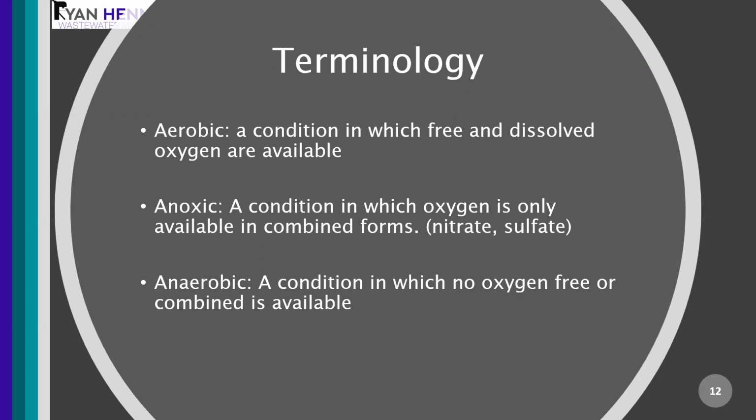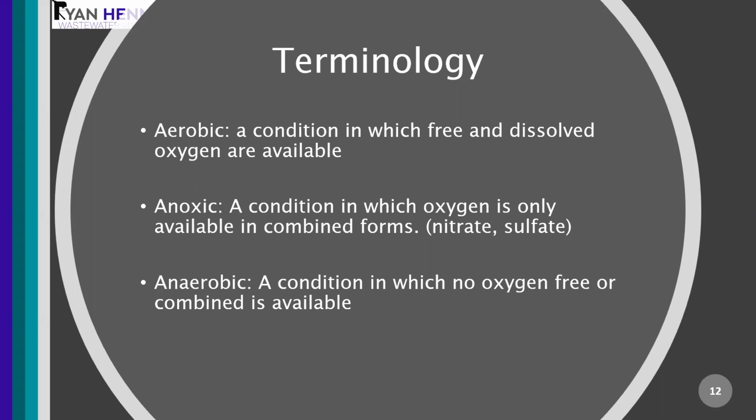Aerobic would be a condition in which free and dissolved oxygen are available. Anoxic is a condition where you're going to have combined oxygen, so nitrate, sulfate. Then anaerobic would be there's no free or combined oxygen available. And in the selector zone, the anaerobic zone, we need to have the ORP, which we'll talk about.